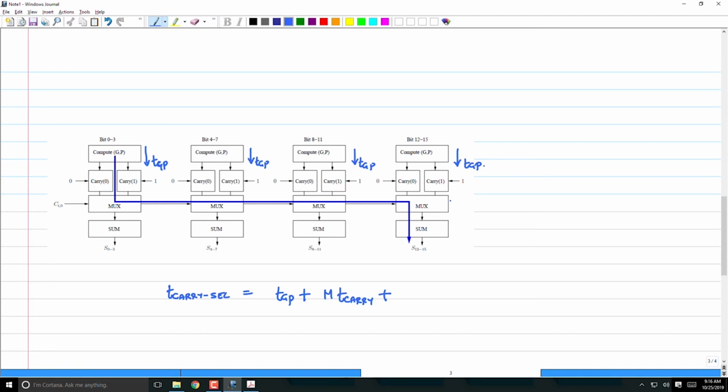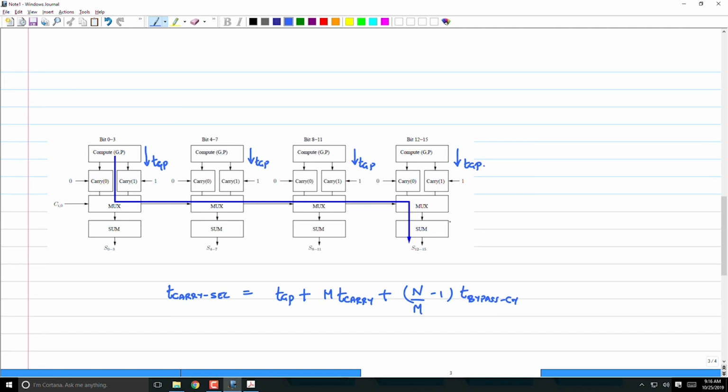Correct. So, this is actually n by m minus 1 T bypass of carry. But this sum now you need to multiplex. Right? You have to put a multiplexer there and get the sum output also multiplexed, right?